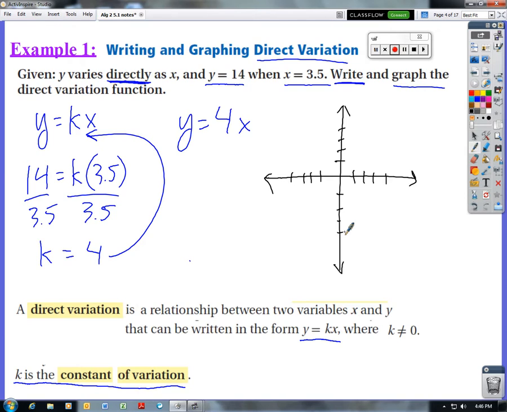This doesn't have any y-intercept, so we know that it starts at the origin. And the slope is 4, so we go up 4, 1, 2, 3, 4, and over 1. And then we go down 4 and left 1. Oops, that's not very straight. Draw a line through there, and that's your graph y equals 4x.